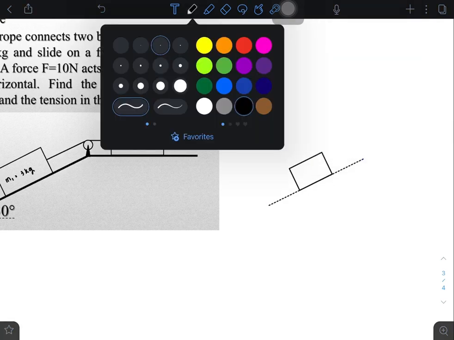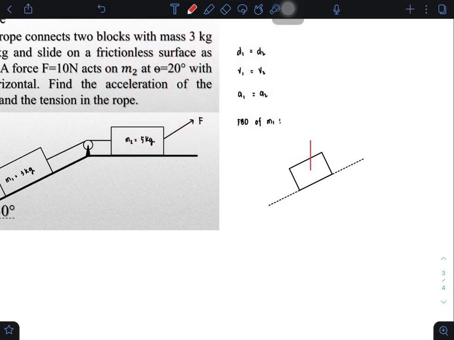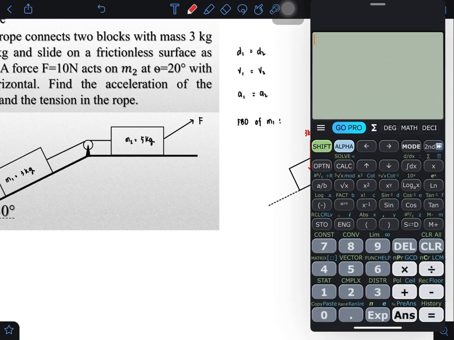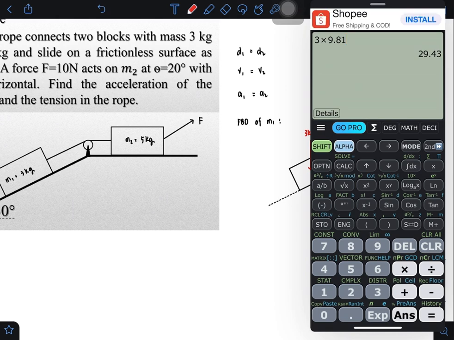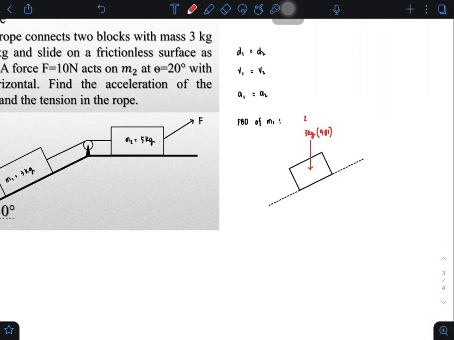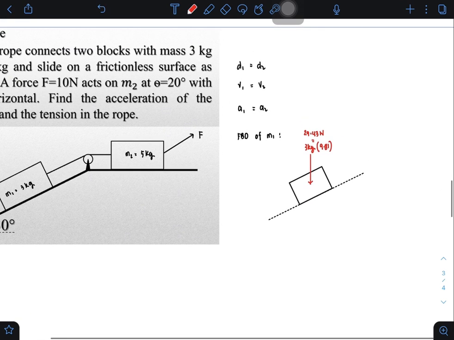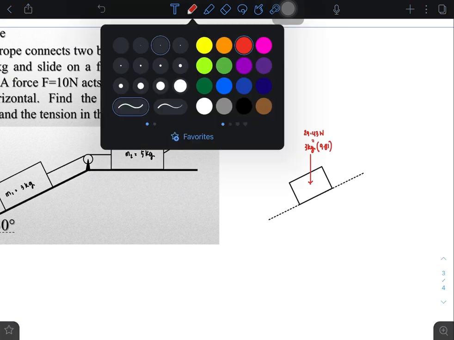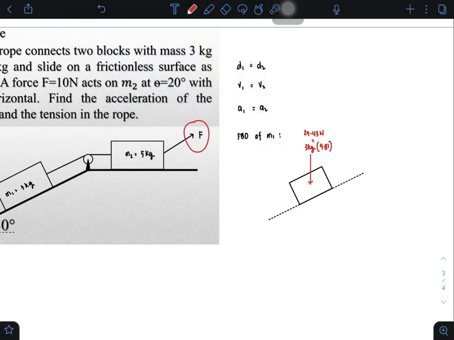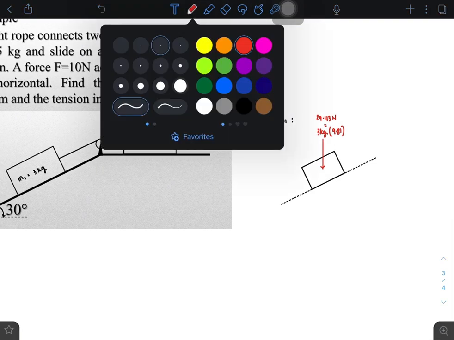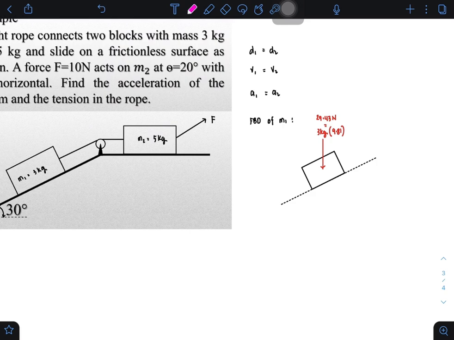Okay. It has a mass of 3 kilograms, so if you multiply by 9.81, that's 3 times 9.81, 29.43 newtons. And then there is an action of the force, so therefore the motion is considered to be moving here.